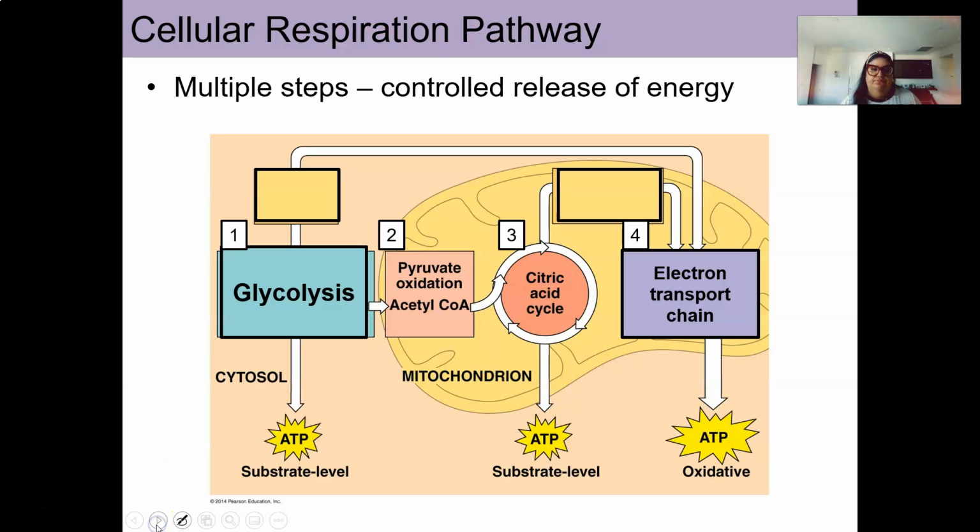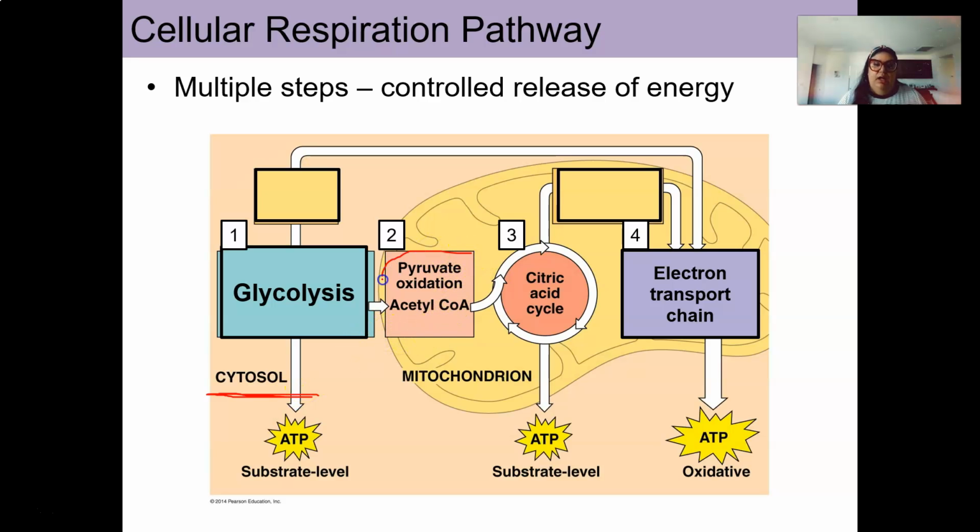So there are several steps to cellular respiration and how we get from our big glucose 6 carbons to our 1 carbon CO2 using oxygen and releasing ATP. There are 4 main steps. There's glycolysis, which happens in the cytosol out here in the cell.